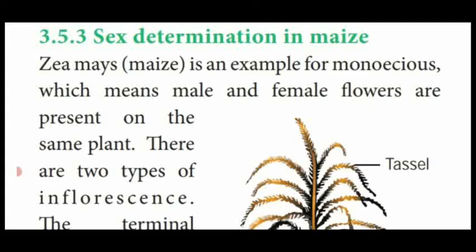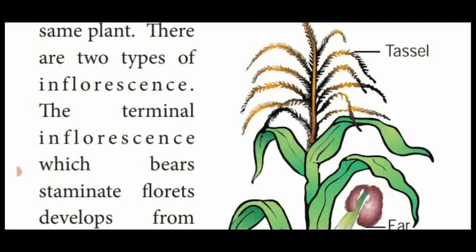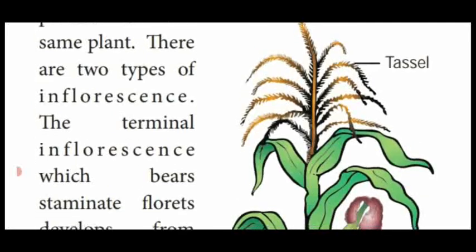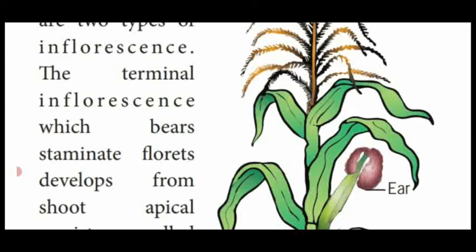This plant produces 2 types of inflorescence, male inflorescence and female inflorescence. The male inflorescence is present at the terminal region of the plant, the tip, and is named the tassel, which contains the staminate florets.